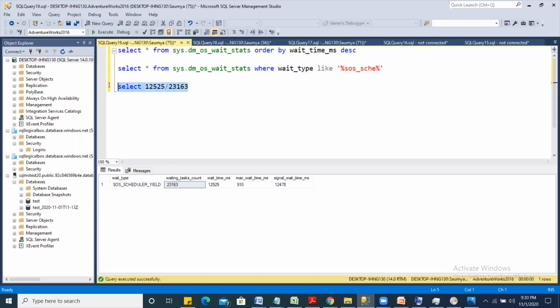It means that no task waited for the assignment of CPU by the schedulers, right? So by this analysis, I can say that my SQL Server is not suffering from CPU pressure.